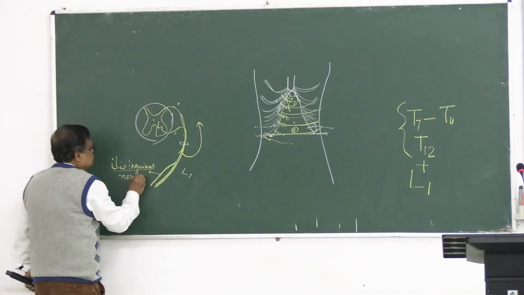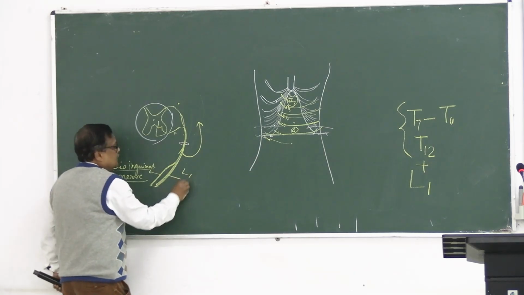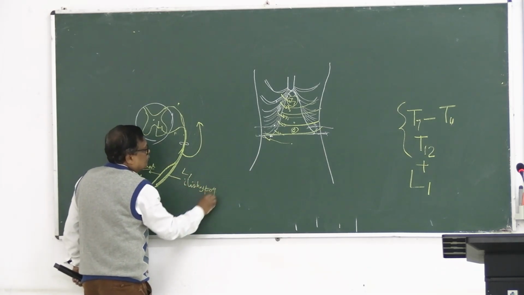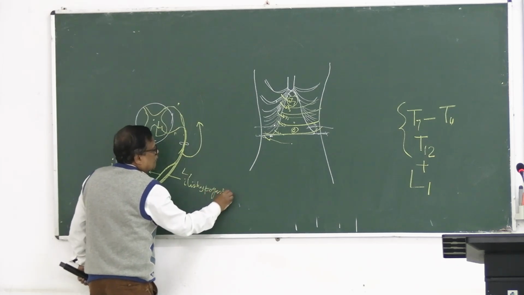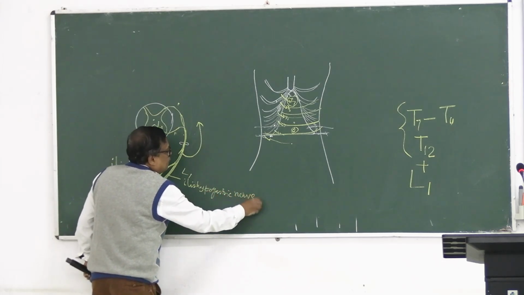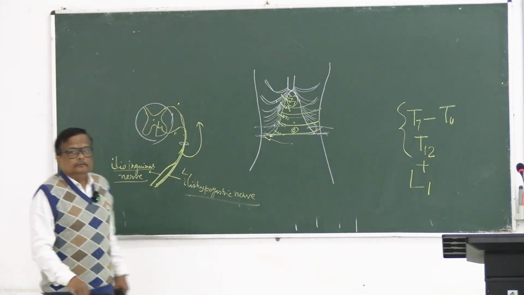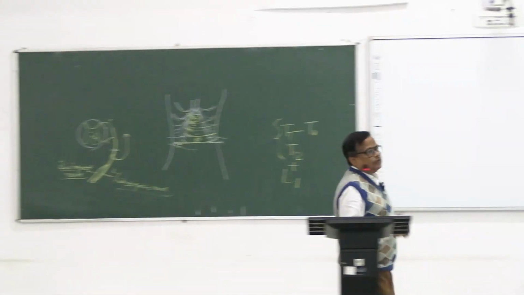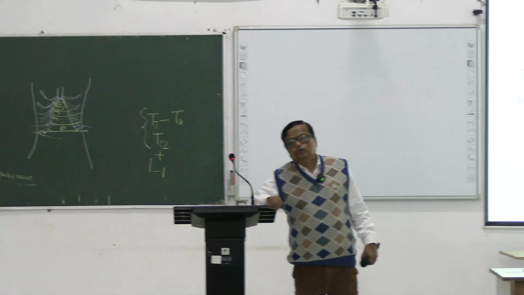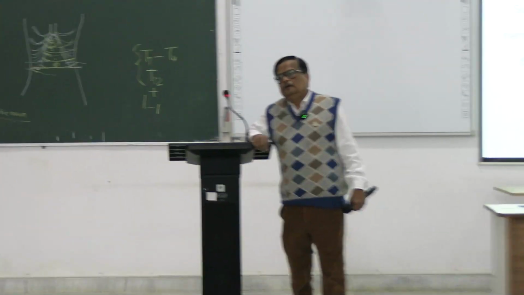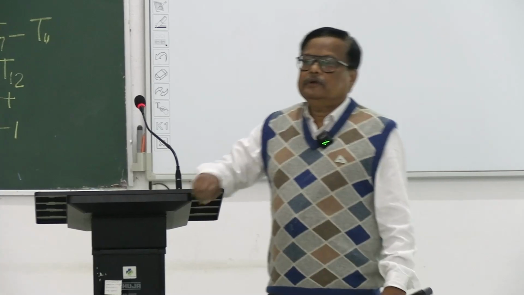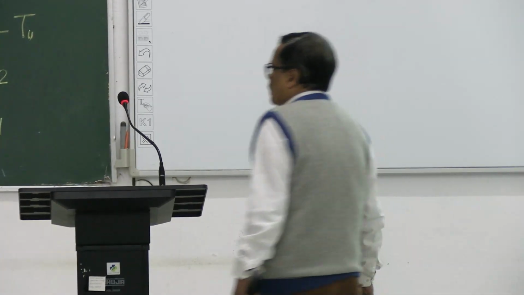So the iliohypogastric nerve and the ilio-inguinal nerve have the same root value, L1, the anterior primary ramus of the lumbar 1 nerve.